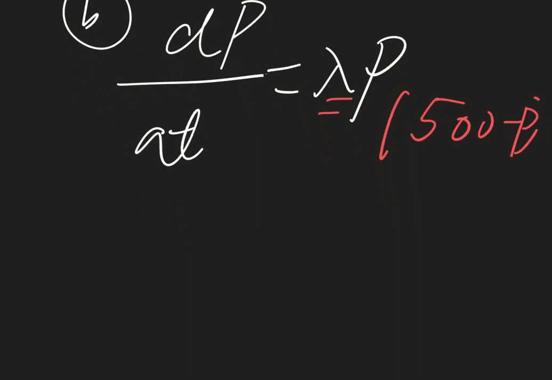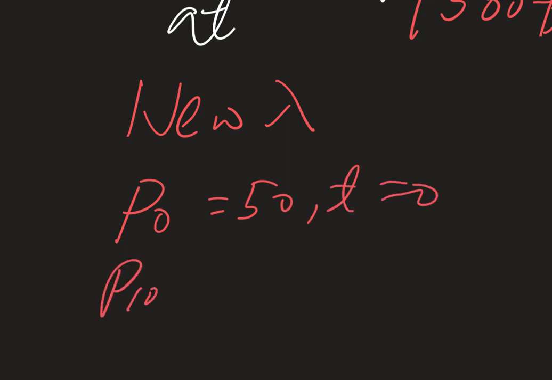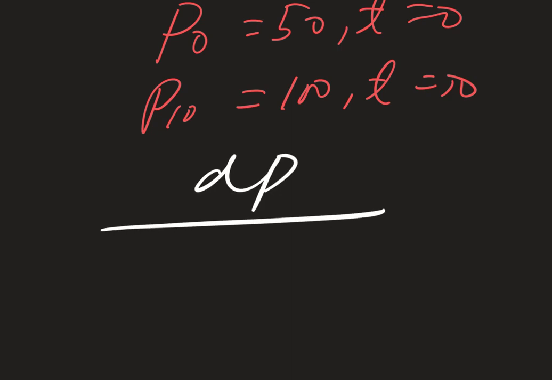So now we need to find the new lambda with a new initial condition. P naught equals 50 when t equals 0. P(10) equals 100 when t equals 10. So how do we solve this? Okay, when you look at this, don't panic. Separation of variables means everything with P is on the left hand side, and everything with t on the right hand side.